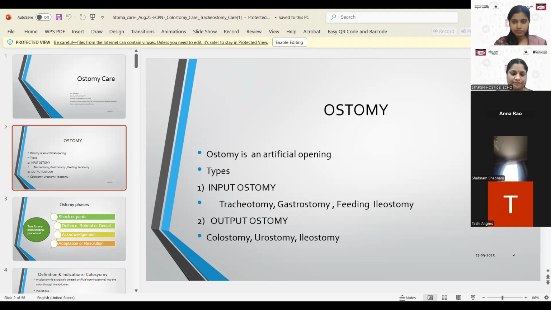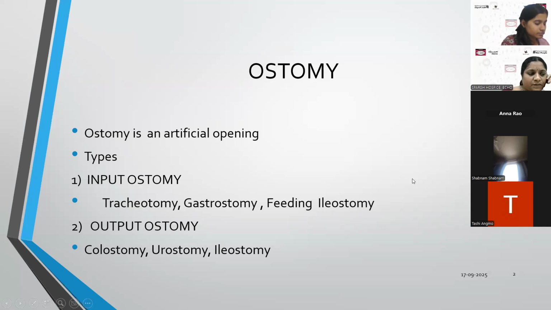The organ may be different. When we talk about colostomy, it would be the colon. We are going to discuss mainly two types of ostomy today: one is colostomy and the second is tracheostomy. These two we find very commonly in palliative care settings, so we will discuss both today.